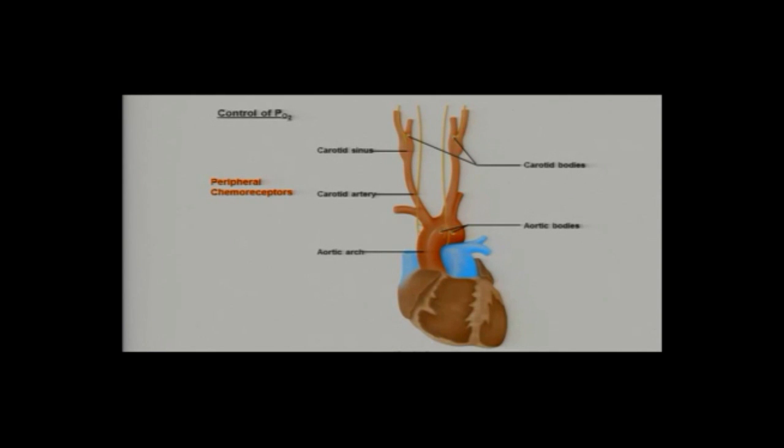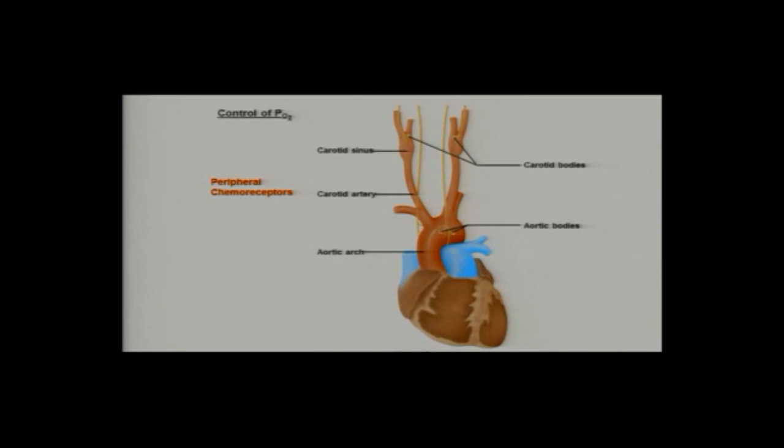So right now, just hold on to this idea that these three pieces of information are what the brain is using to help regulate respiration.